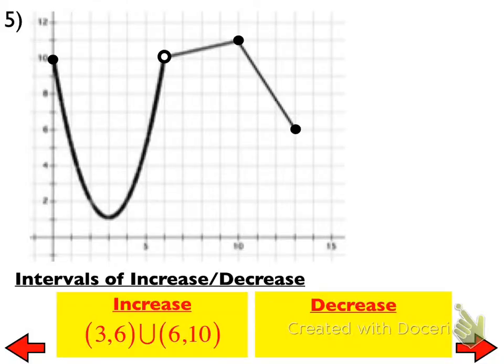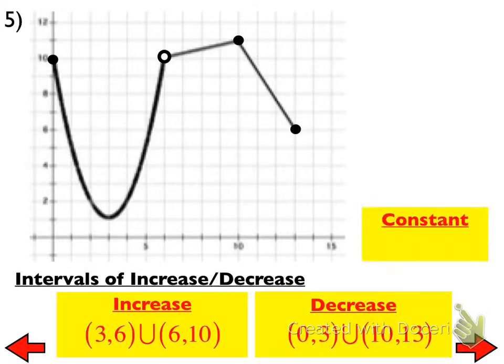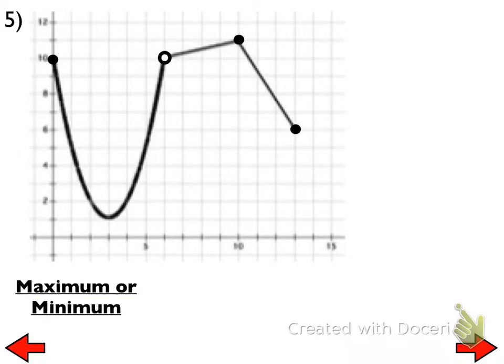And we're scanning from left to right, so we're using x values when we're doing this. It's decreasing from 0 to 3, and then from 10 to 13. Okay? Remember, you're focusing on the x values in those intervals because you're going from left to right, the same way that you read. All right, and there is, once again, no interval that is constant.